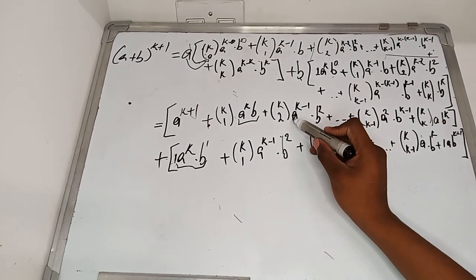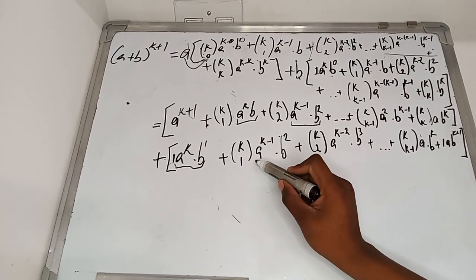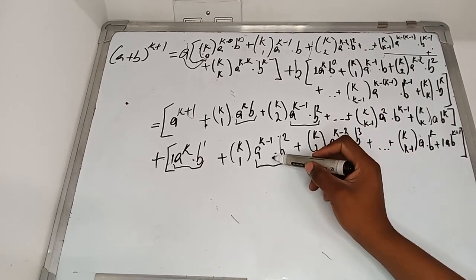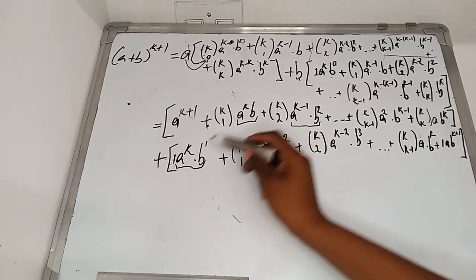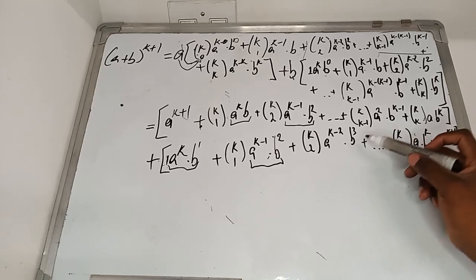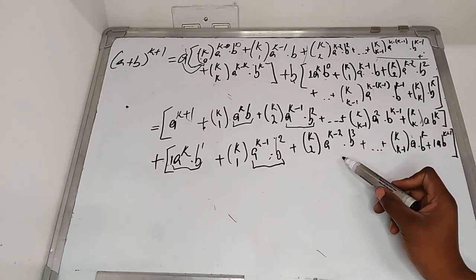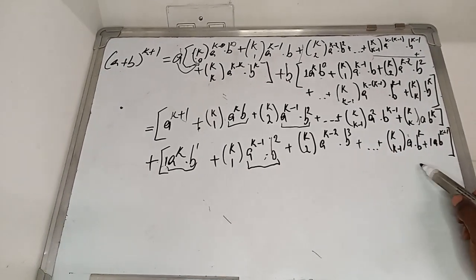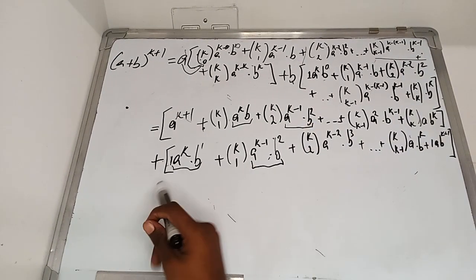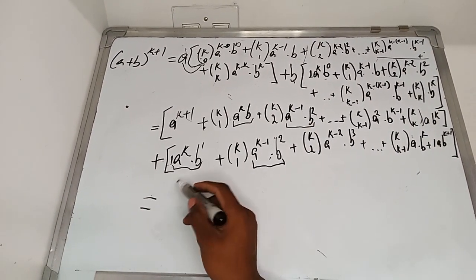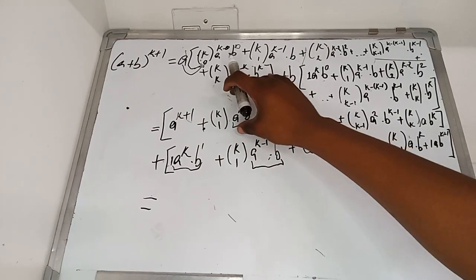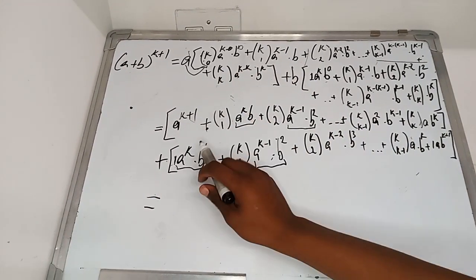Here we have this, and here we have this. These two are like terms. These two are like terms. Okay, now let's focus on this first. I'm trying to combine this and this, right?